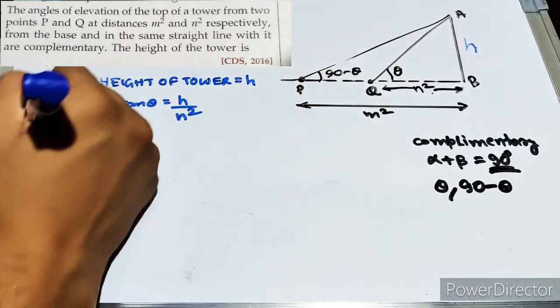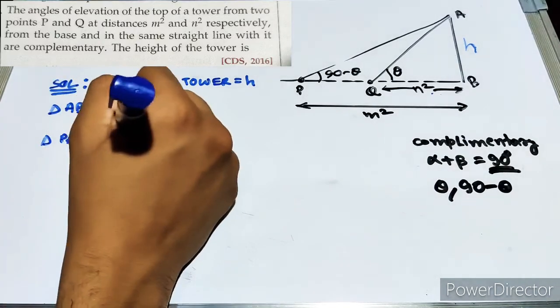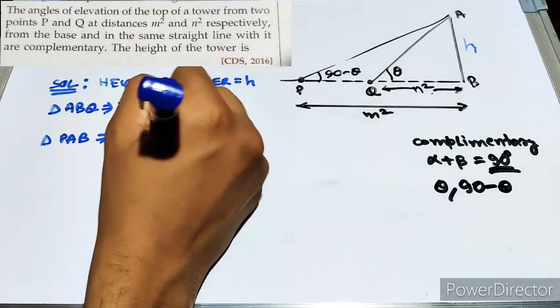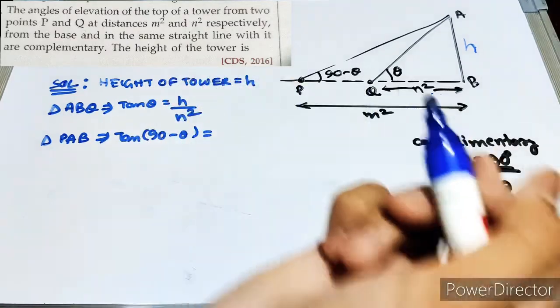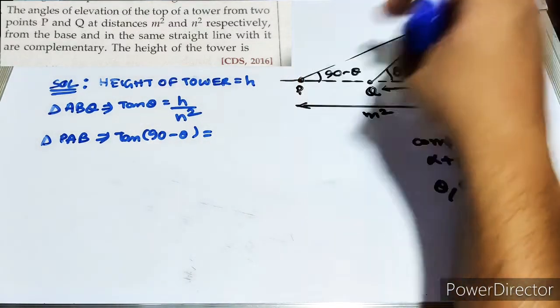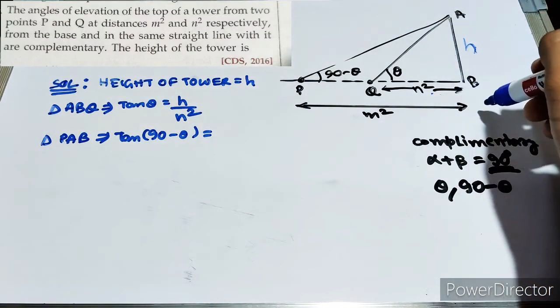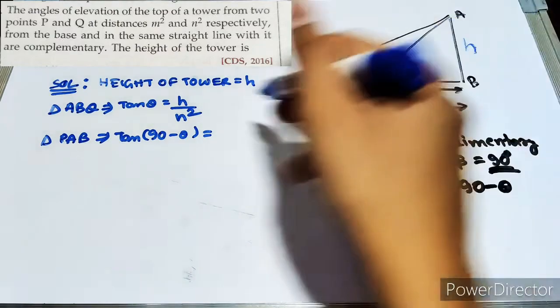And from triangle PAB, we can say that tan of 90 minus theta equals h upon m square, since in this triangle h is the perpendicular and m square is the base.